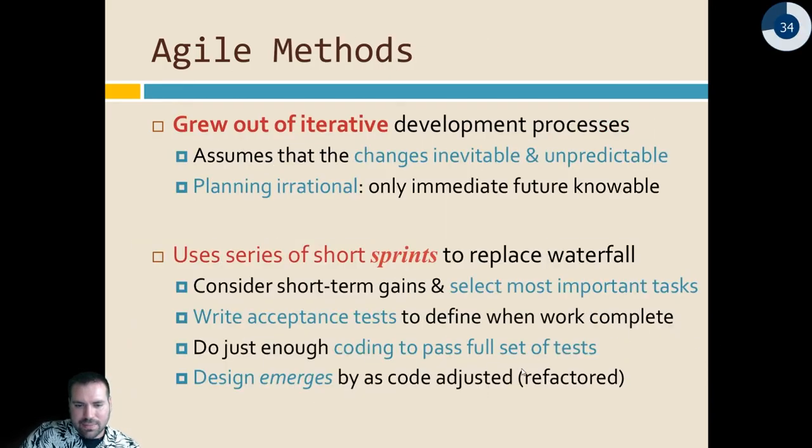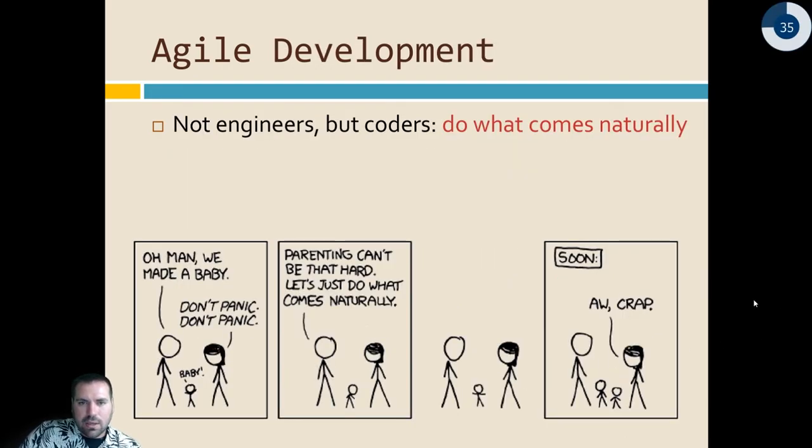And testing it. Testing is important. We have some lectures on that next week. So coders usually just do what comes naturally, which isn't always the best idea, where Waterfall was trying to fight against what we naturally do, which is, Bob from the beginning of these slides, we like to just jump into the keyboard and start typing code.